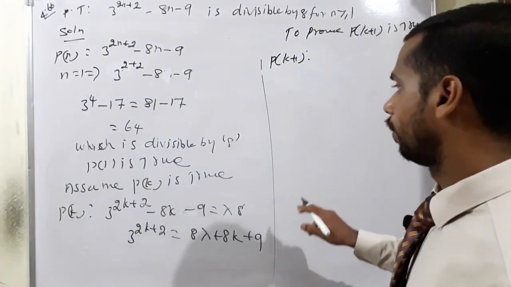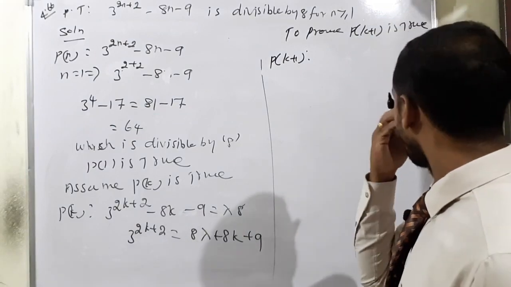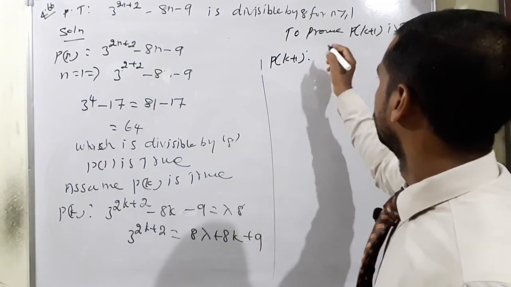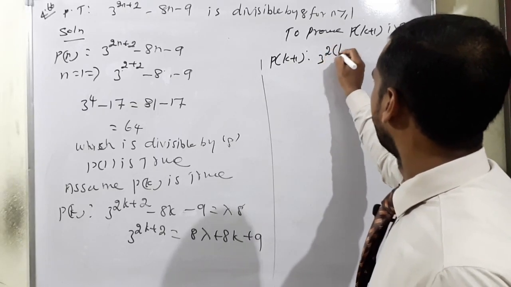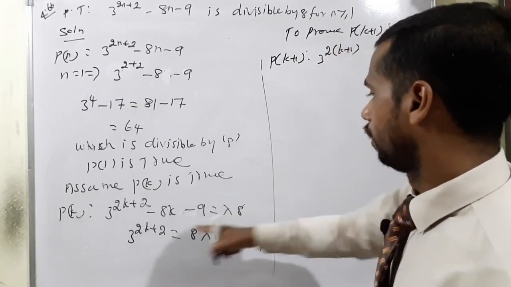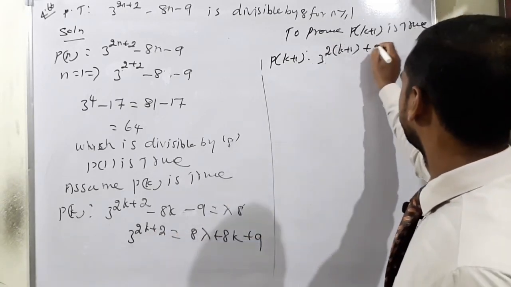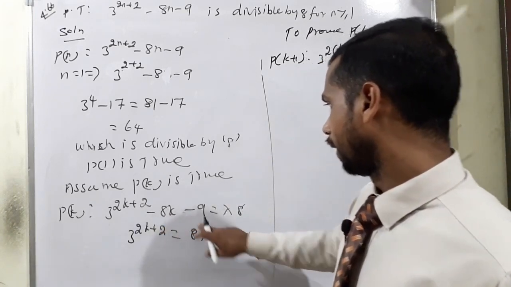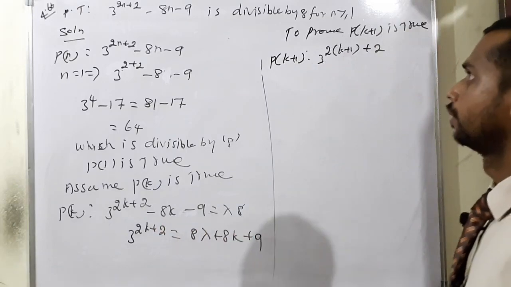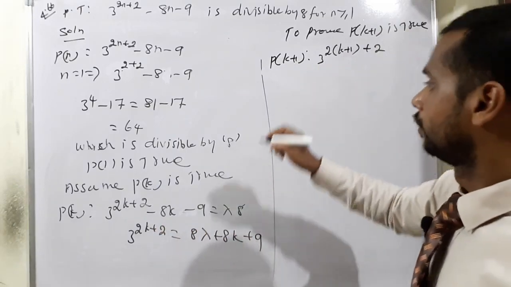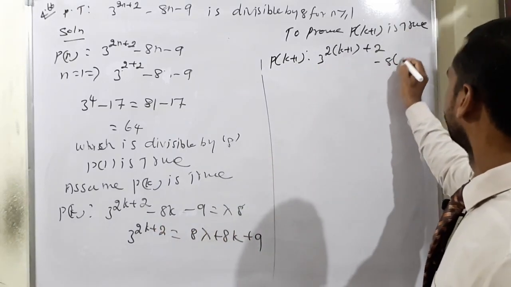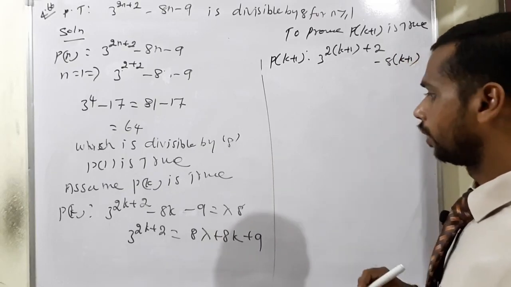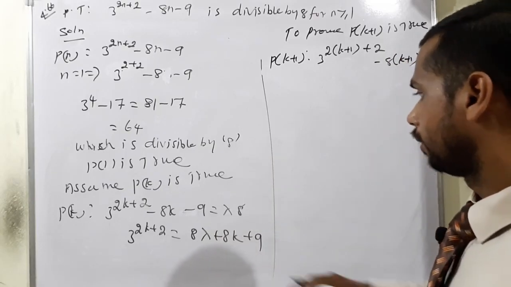Again, 3 to the power 2 of K plus 1, then one more plus 2 is there, isn't it? So, plus 2, then minus 8K minus 9: minus 8 of K plus 1, then minus 9.